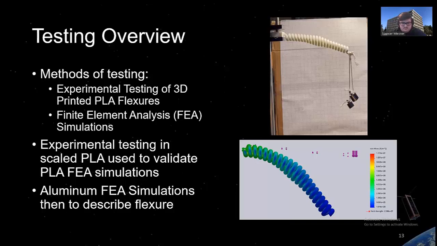The purpose of testing our PLA flexures is so that we can use our scaled PLA experimental data and validate the same PLA scaled flexures in FEA against each other so that when we do our aluminum FEA simulations, we can better describe the flexure without requiring experimental data.